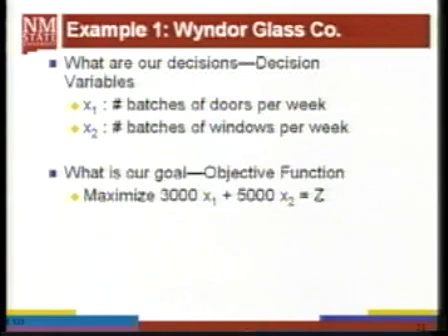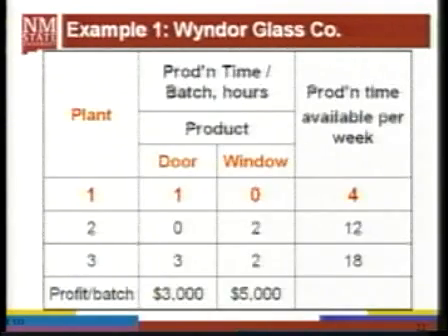Now we need to determine whether the values of each decision variable are limited by any restrictions, right? So according to the problem description, each batch of doors produced per week uses 1 hour of production time per week in plant number 1, whereas only 4 hours per week are available, right?